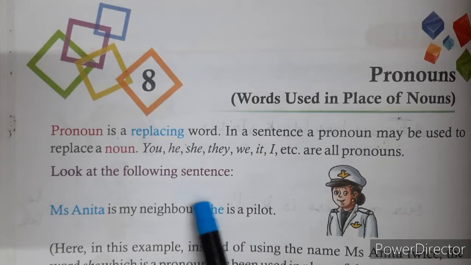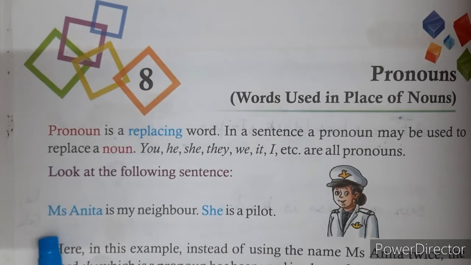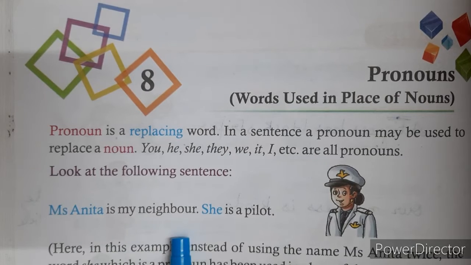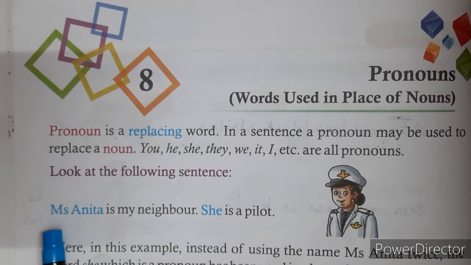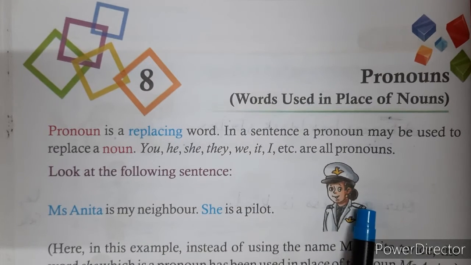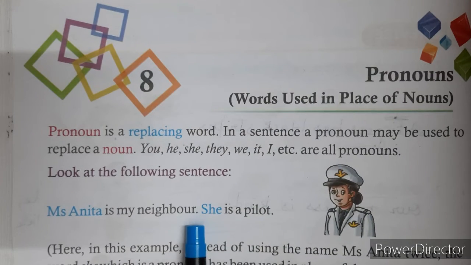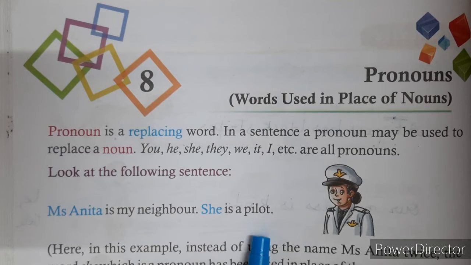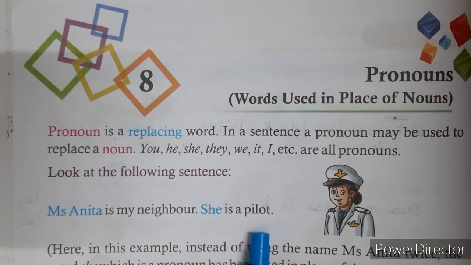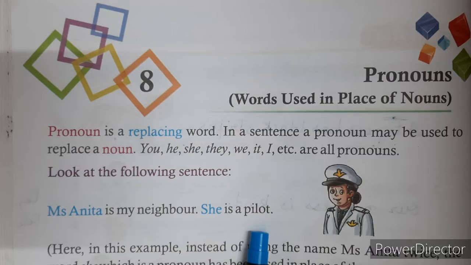Now, we will look at the following sentence. Miss Anita is my neighbor. Here, Miss Anita is a proper noun because it is the name of this lady. Full stop, end of sentence. New sentence. She is a pilot. So here further, we get to know that Miss Anita is a pilot.